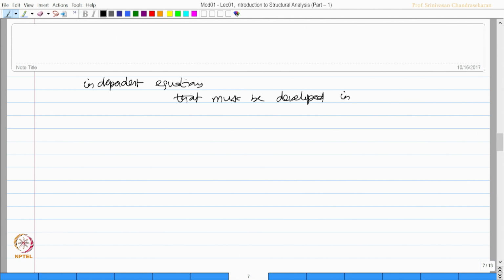Now, what will be the unknowns in this equation? In terms of the released actions to analyze the system.